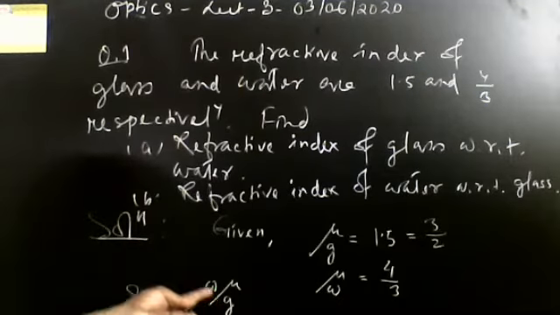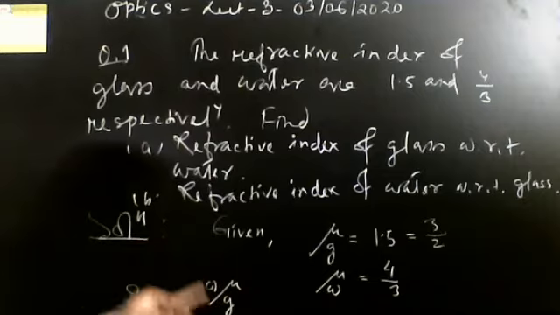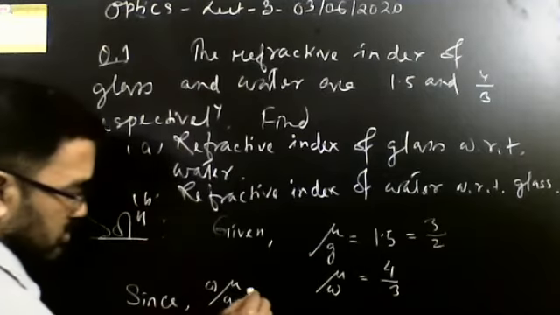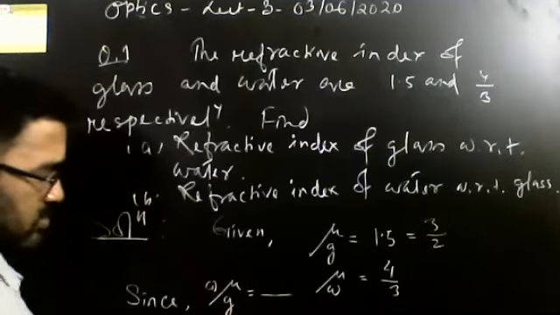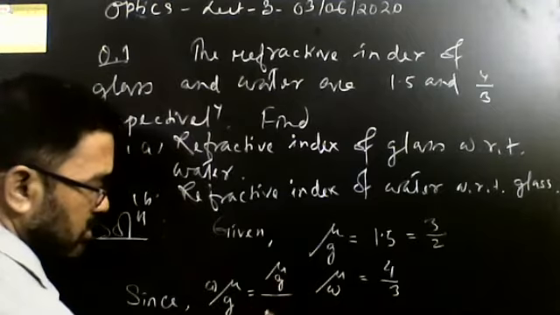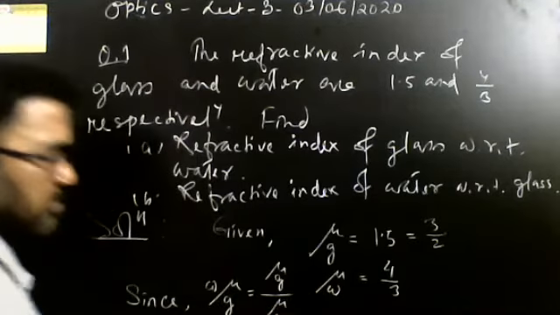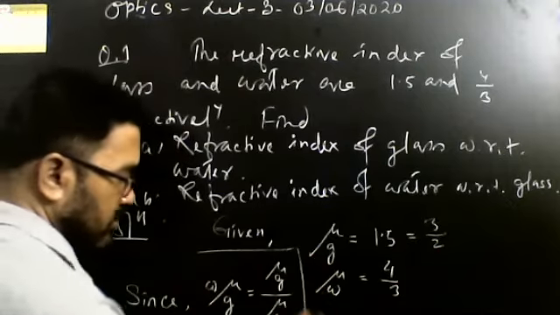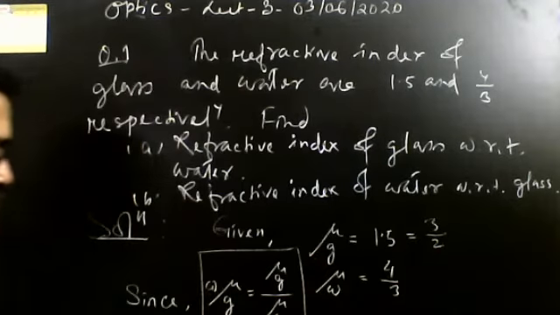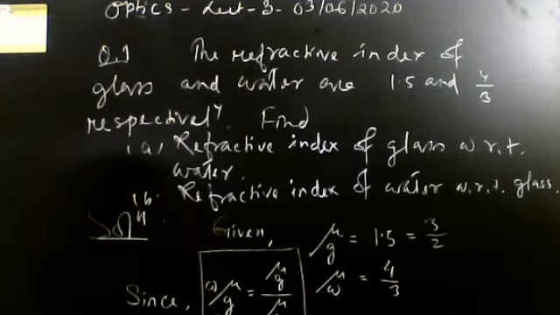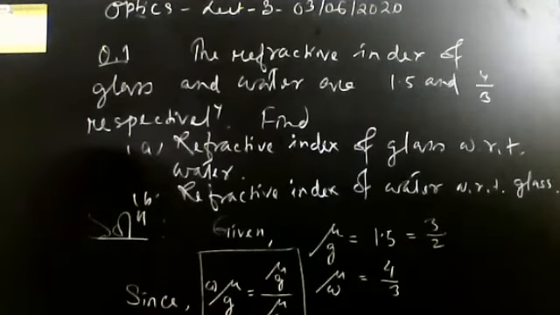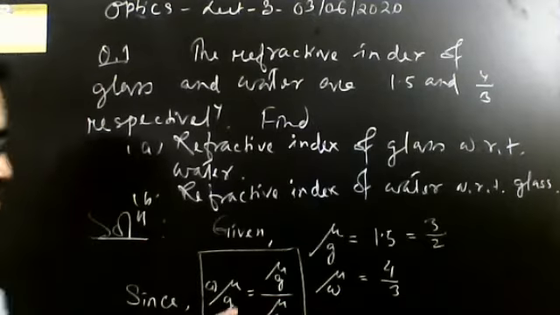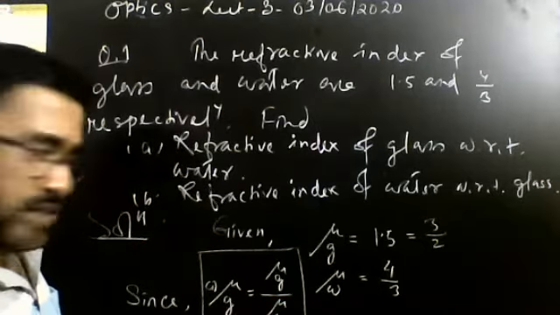By definition it is mu g by mu w. So this is an important relation. The refractive index of glass with respect to water can be represented as mu g by mu w. Simply you can use this formula to find the refractive index of glass.